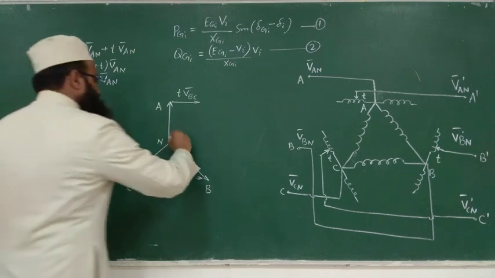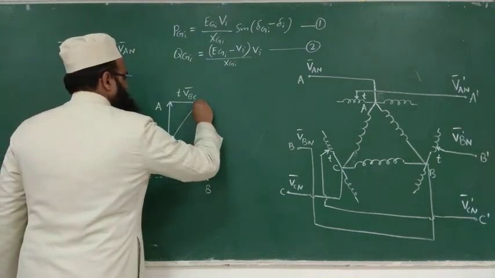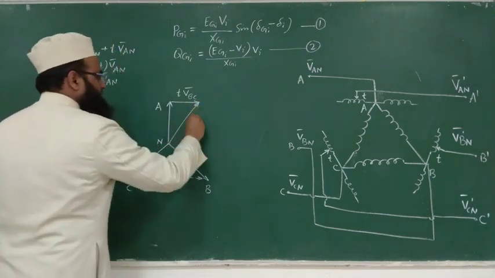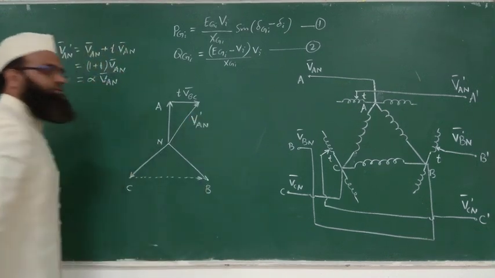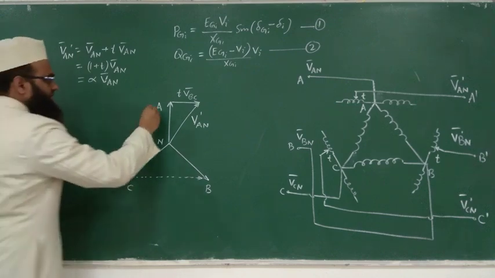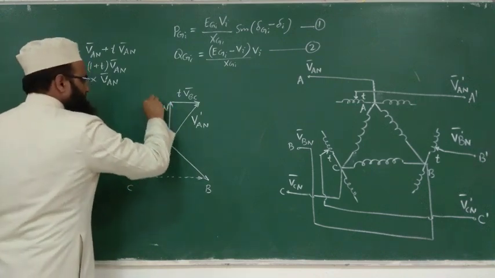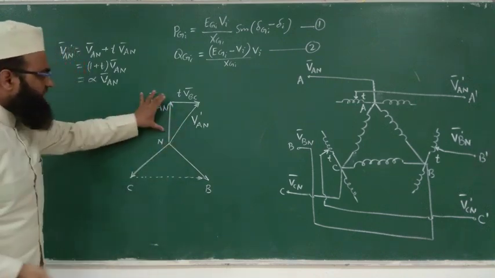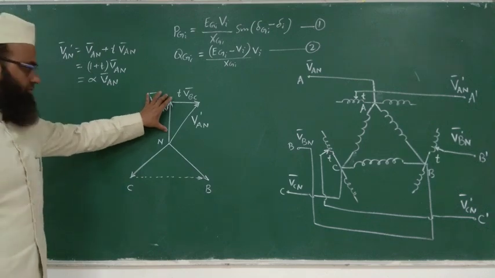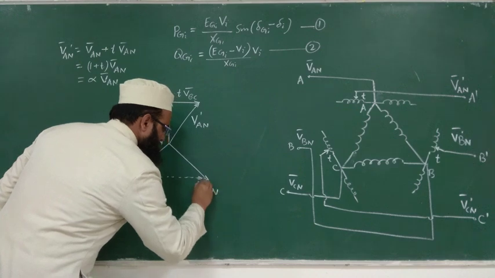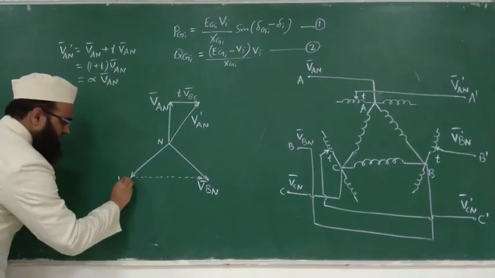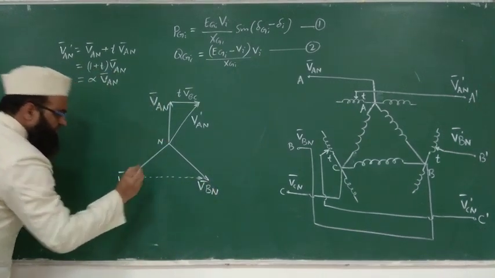So the resultant will be this. Resultant means this will be VAN dash. If this phasor is VAN, this is the VAN phasor, this is the VBN phasor, and this is the VCN phasor.